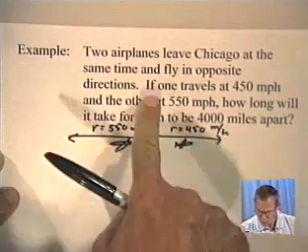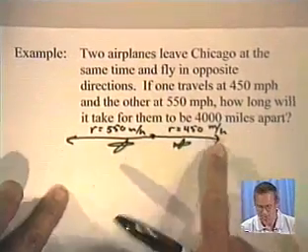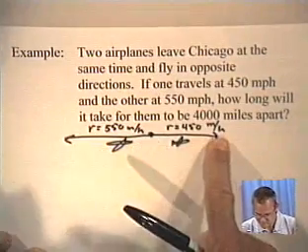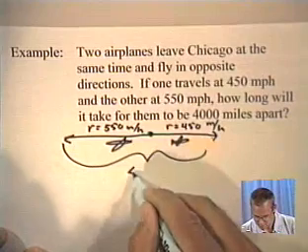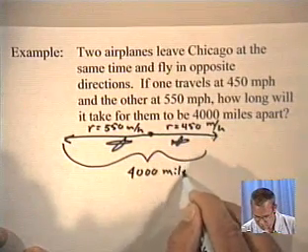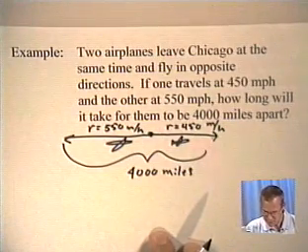Now, we want to know how long it will take for them to be 4,000 miles apart. So this distance plus this distance. So I think I have somewhat of a diagram of what's going on in this problem.